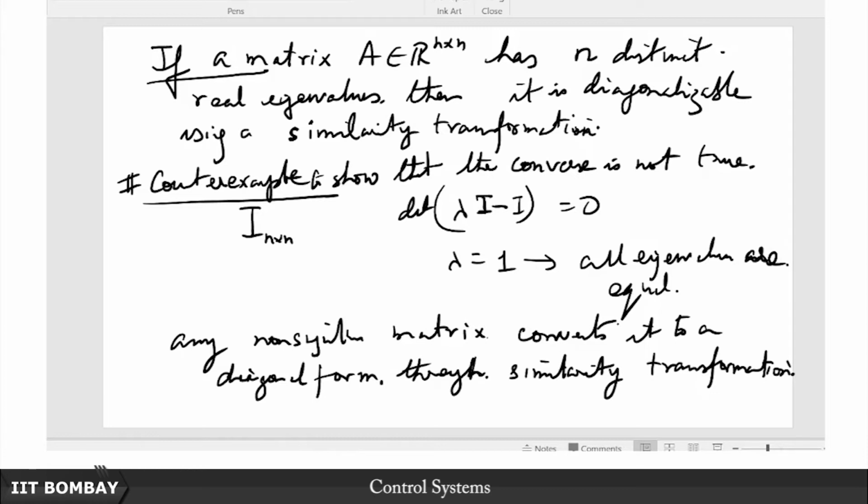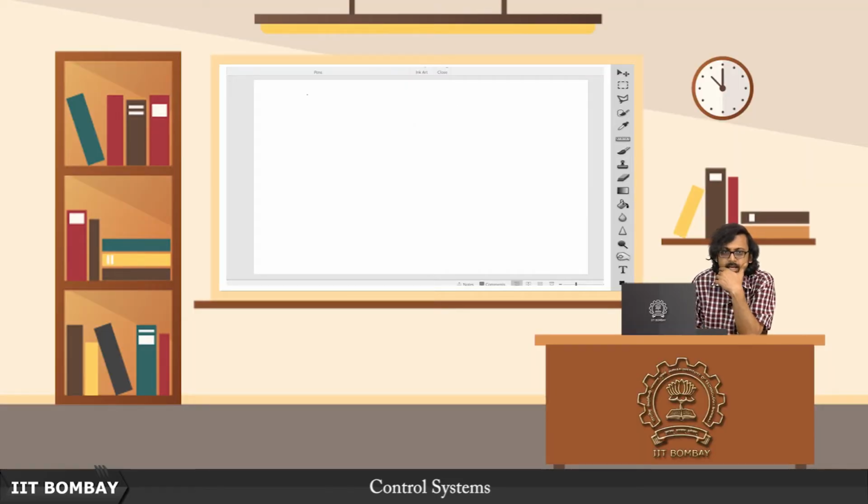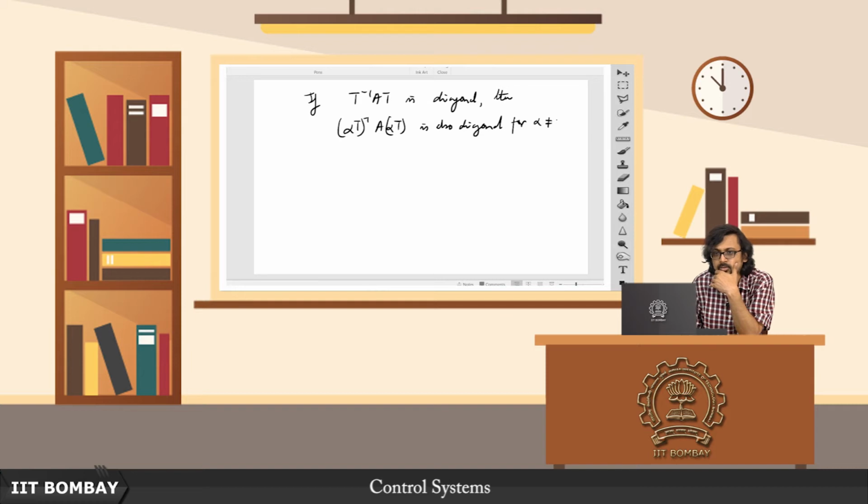In fact, it is true that for any matrix, if T inverse A T is diagonal, then alpha times T whole inverse A alpha times T is also diagonal for alpha not equal to 0.